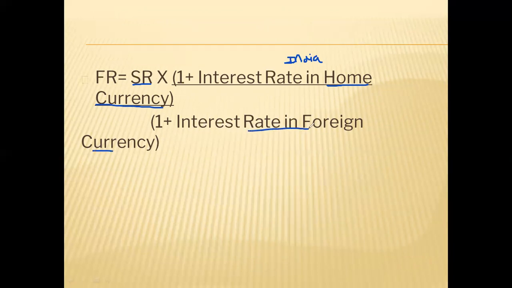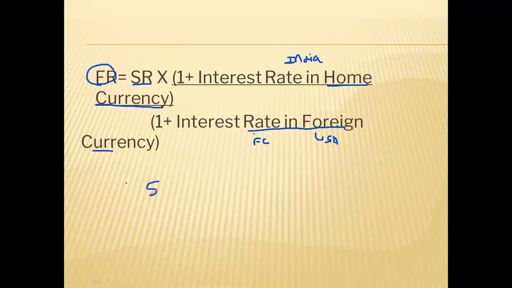Whichever currency you are determining the forward rate for, that country's interest rate you will have to take in the denominator. That will be the foreign country. So normally for dollars, we will have to take the interest rate prevailing in USA. If you apply this formula, we can get the theoretical forward rate of the US dollar.